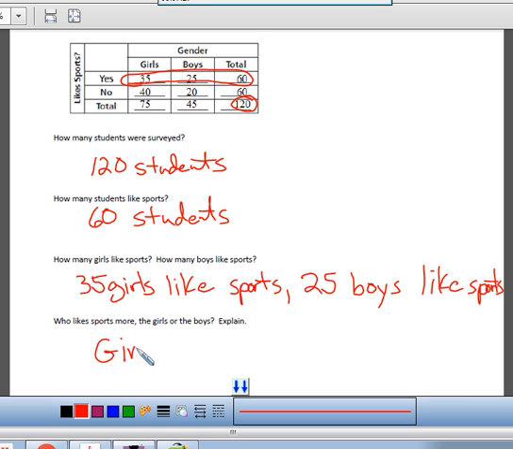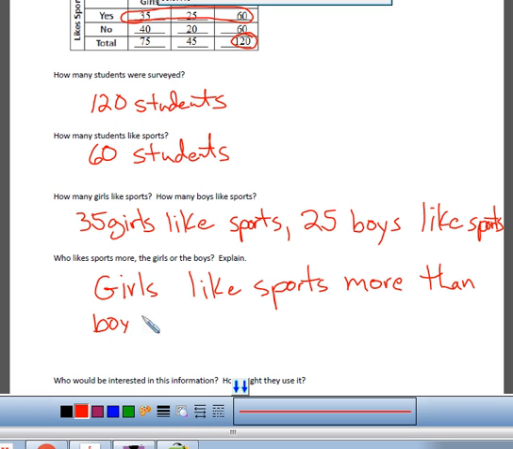Now, this could be a little misleading. This 35 is a total, but if we look at it percentage-wise, the boys are actually a greater percent than the girls. But based on how this question looks, I think it's safe to answer it this way.